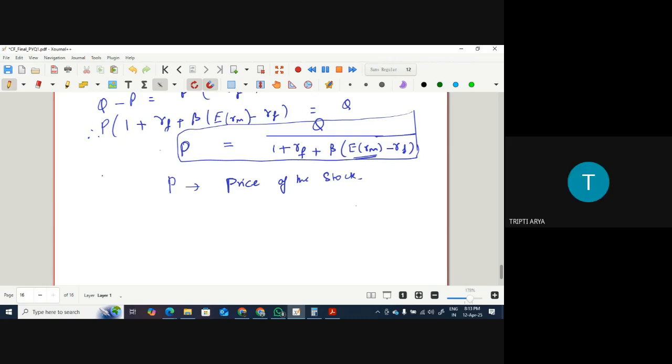I say it will become 500 after 1 year, and these are the values I know. So what is the present price of this stock? Okay, so Q will be the expected price and ERI will be the expected rate of return, right? Yes. Okay, sir. Thank you.